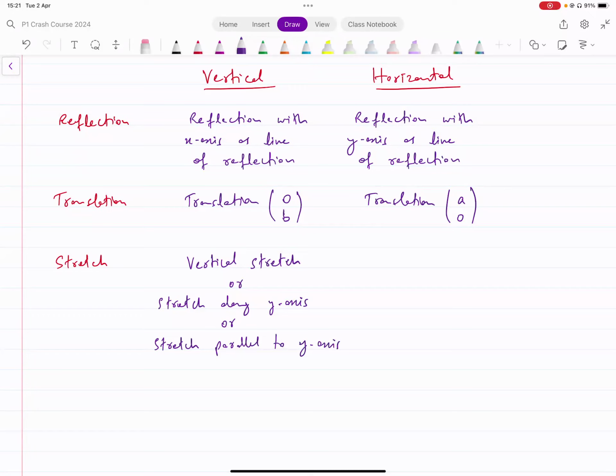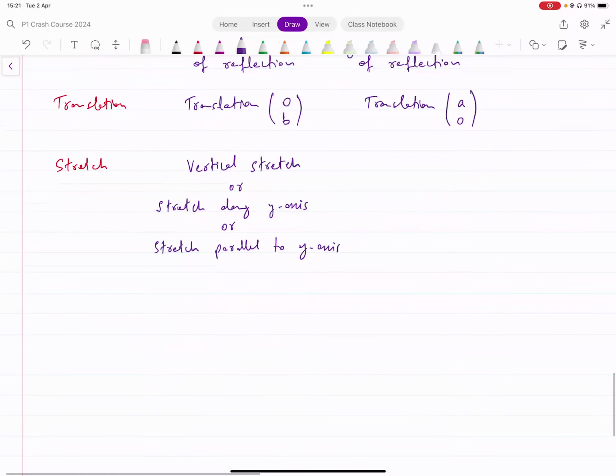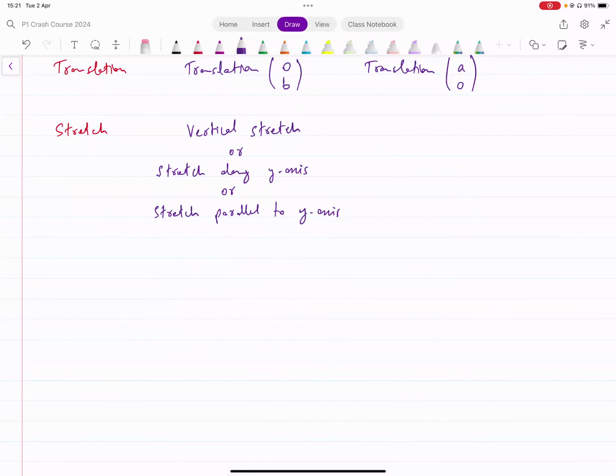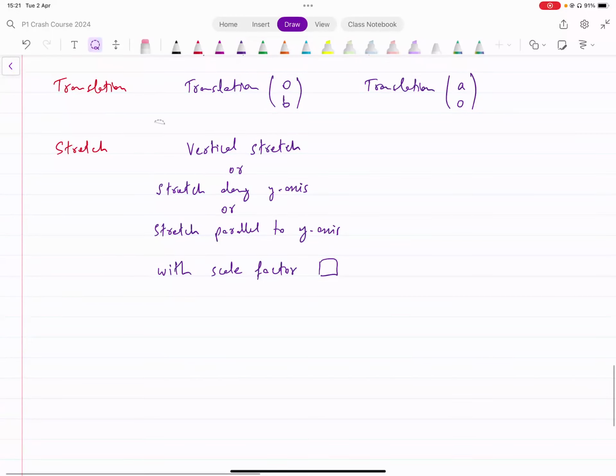So any of these three descriptions would work to describe the stretch, along with the scale factor. So you would say either it's a vertical stretch or stretch along y-axis or stretch parallel to y-axis. And then you would say the scale factor that you have in that case. So you could say with scale factor, whatever that number is, you would write that here.